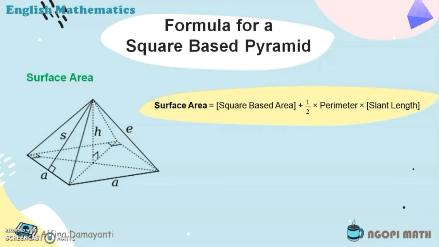Surface area. Formula of surface area of a square-based pyramid. Surface area equals the quantity square base area plus 1 divided by 2 times perimeter times slant length.